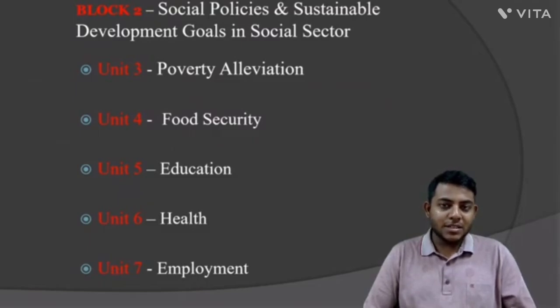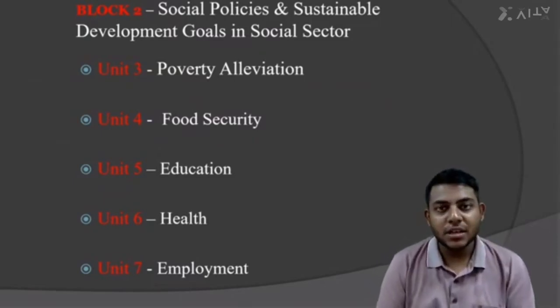We discussed the different measures that have been taken in India to alleviate poverty, and the different indicators, guidelines and frameworks which have been used, not only to eliminate poverty, but also to estimate poverty as well.